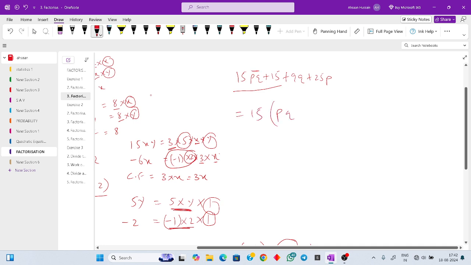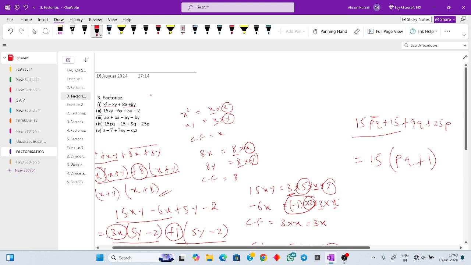PQ is left out. And what is left out here? That's right. 15PQ and 15. So 15PQ means 15 into P into Q, and 15 means 15 multiplied 1, right? So the common factor will be 15. So here PQ is left, and here 1 is left. So right, positive 1.